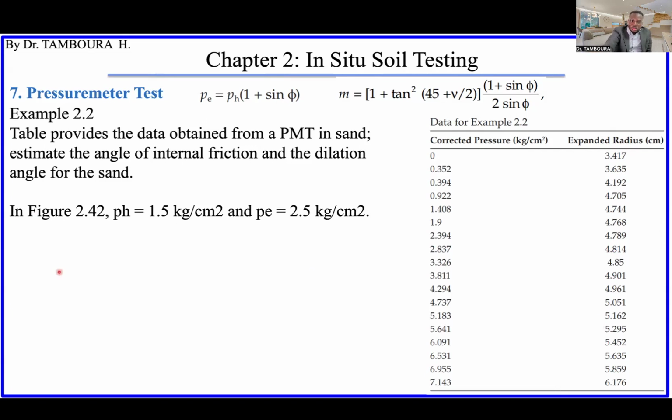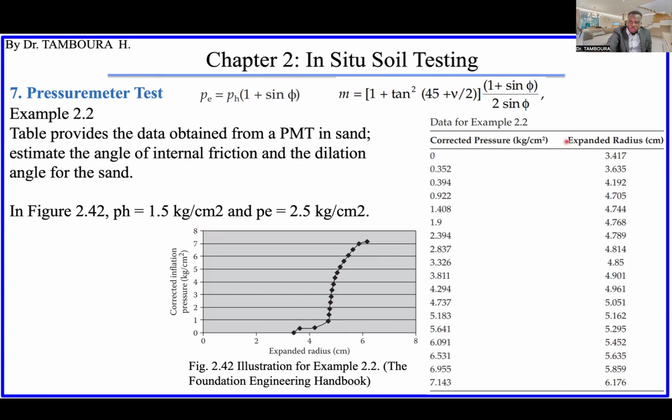So we can make the figure like this. By using this data, we can obtain this. Okay. We can do this.